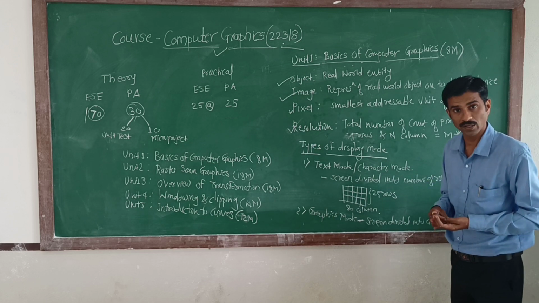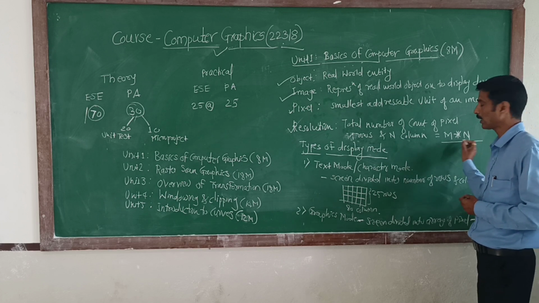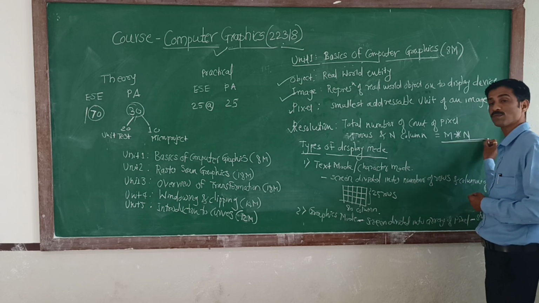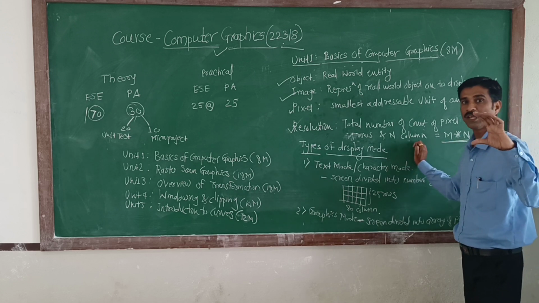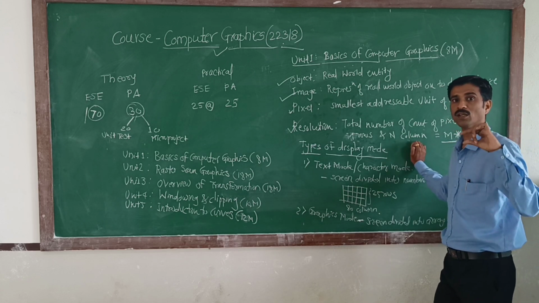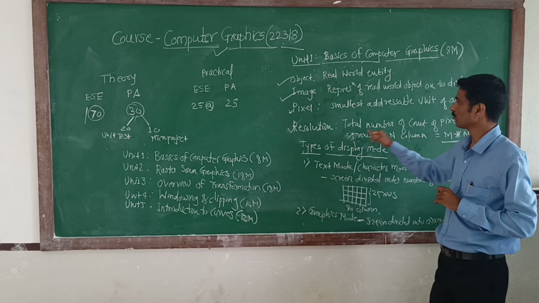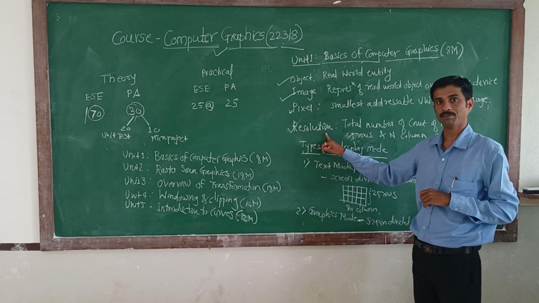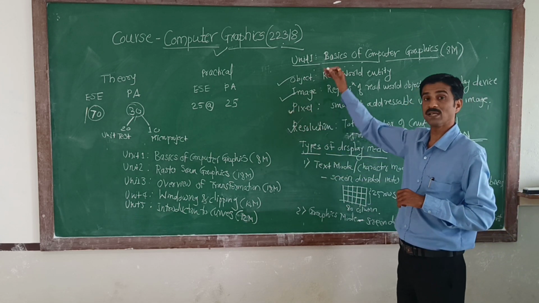It will be calculated using the formula m star n, म्हणजे m into n. एखाद्या इमेज मध्ये m रोज आहेत आणि n कॉलम आहेत, तर m आणि n यांचा गुणाकार म्हणजेच रिझोल्यूशन आहे. Okay, so these are the basic terminology.